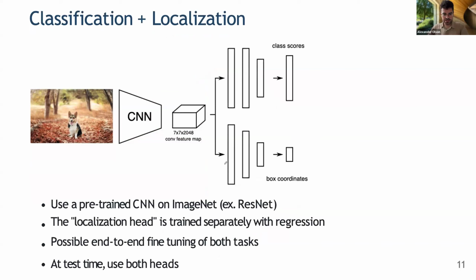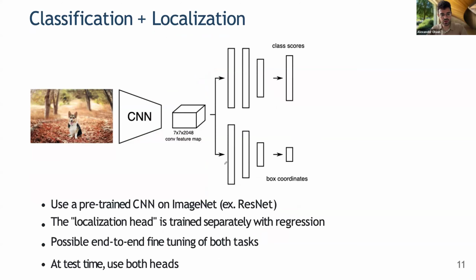Now, in practice, it's usually not enough to just say where the subject is. We also want to say what the subject is. So there's 2 different tasks, right? The localization, saying where the subject is, the regression task. And then saying what the subject is, the standard classification task that we've seen already for computer vision.